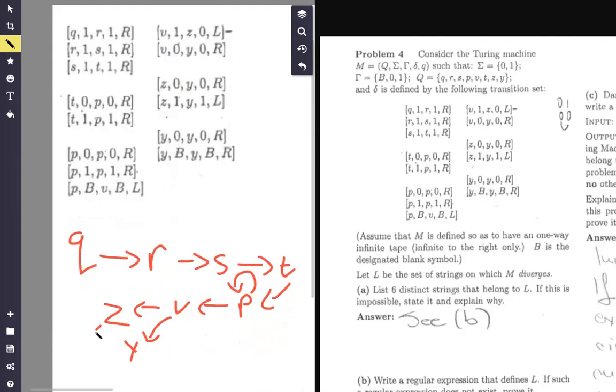Z goes to Y. Then Y diverges. Because Y has this. Doesn't matter. It diverges.